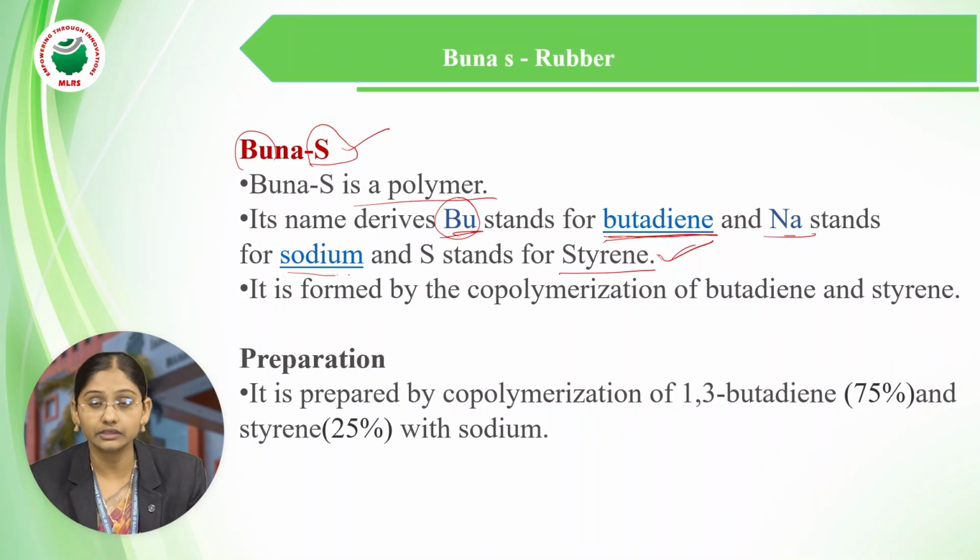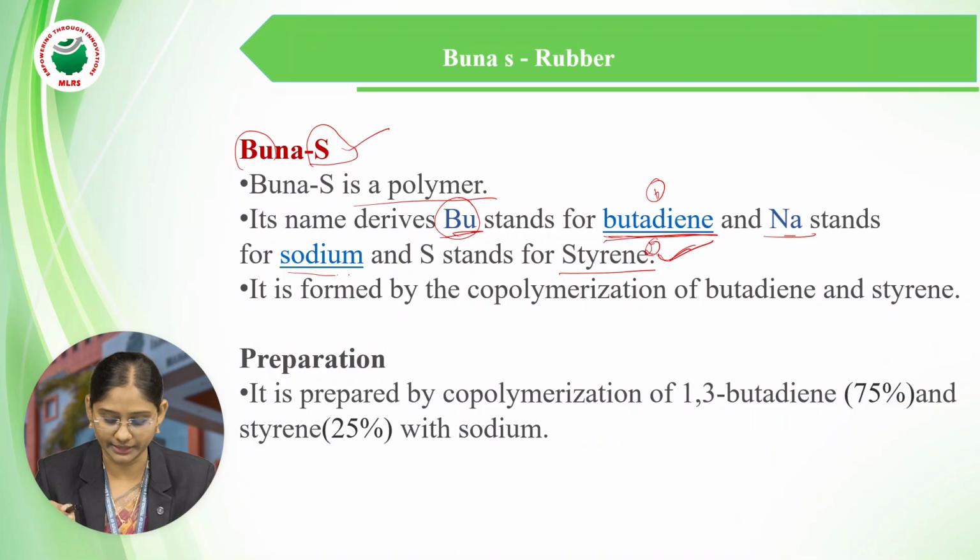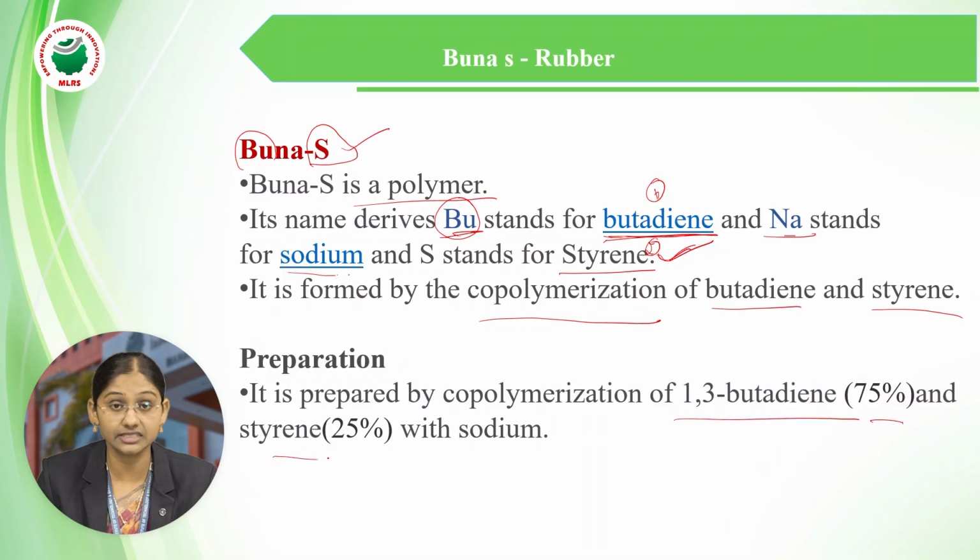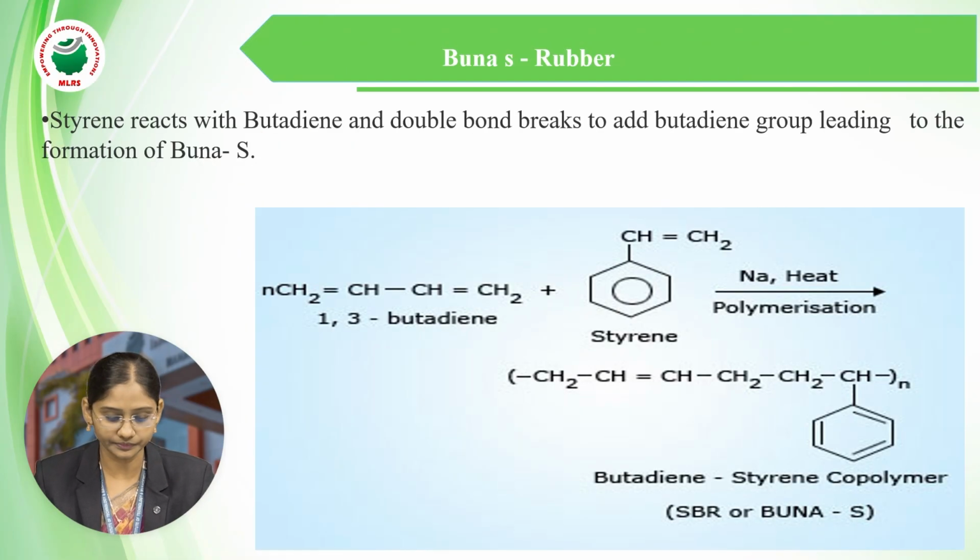So these two different monomers, butadiene and styrene, are taken for this polymerization. It is formed by the copolymerization of butadiene and styrene, prepared from 75% 1,3-butadiene and 25% styrene with sodium. Now we will see the chemical reaction.